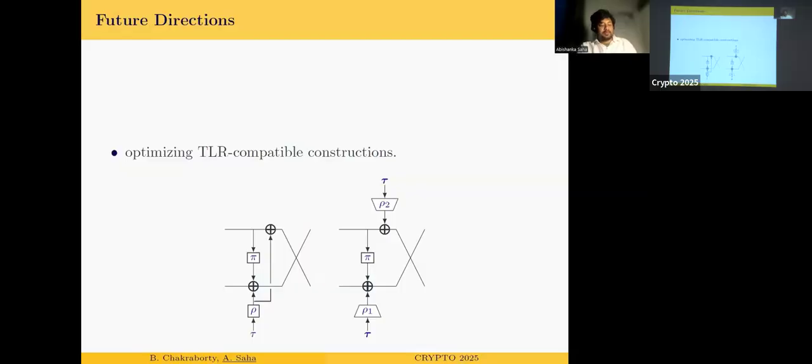And optimizing TLR compatible families. These are the constructions we have given, while some reviewers have suggested some optimized versions of these constructions, so there is another future direction.